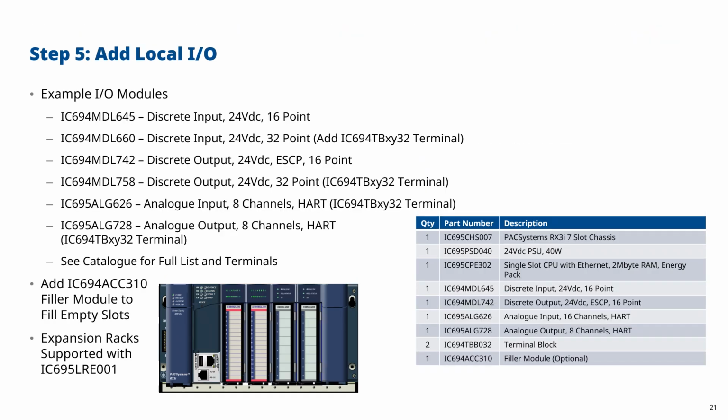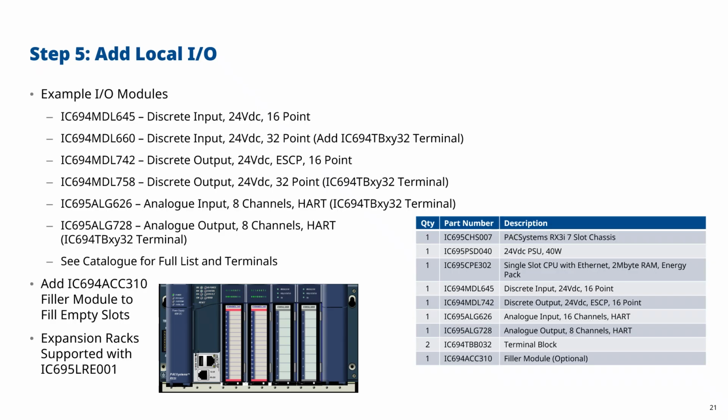So, like the CPE 200, if it's local I/O, then you add local I/O modules. So we've got a range of modules here, and depending on the density, generally with the 16-point modules, they are a single part number, but with the high density modules, you do need to add a terminal block. And the reason for adding a terminal block is it gives you more flexibility on the terminations. You can either have screw or push fit type terminations.